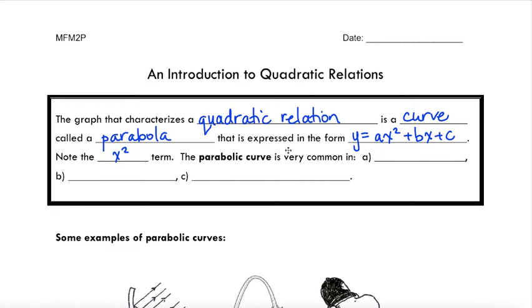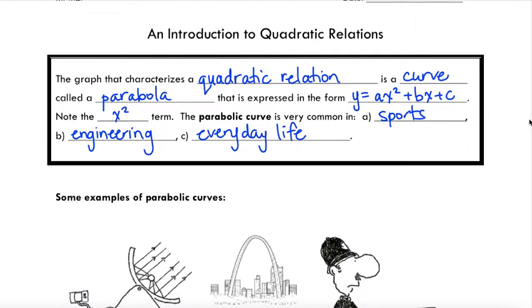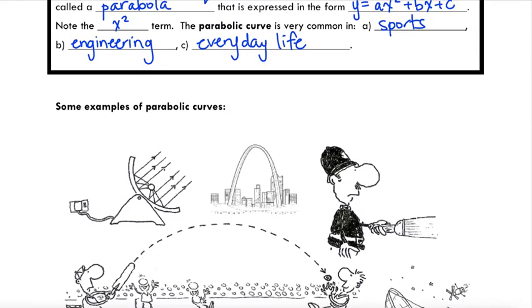So the parabolic curve is very common in sports, in engineering, and truly in everyday life. So here are some examples of parabolic curves.